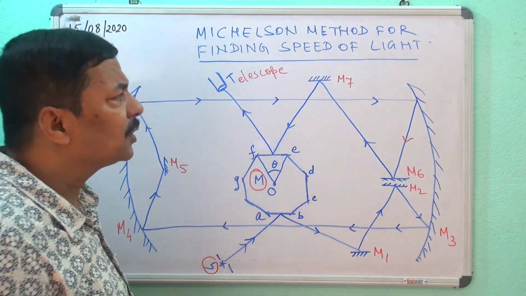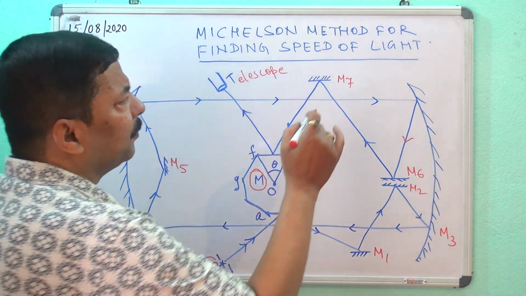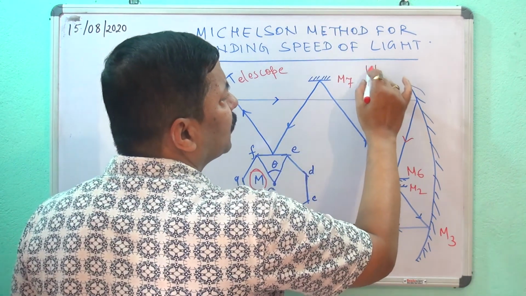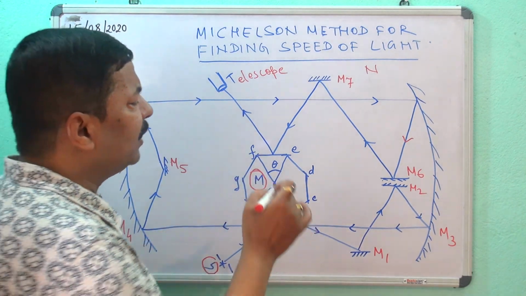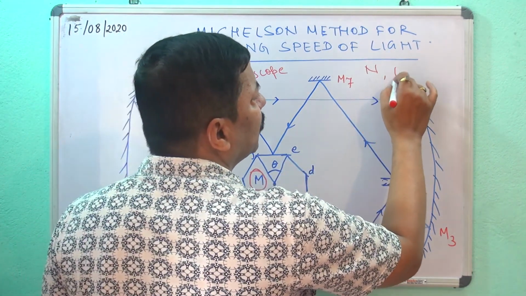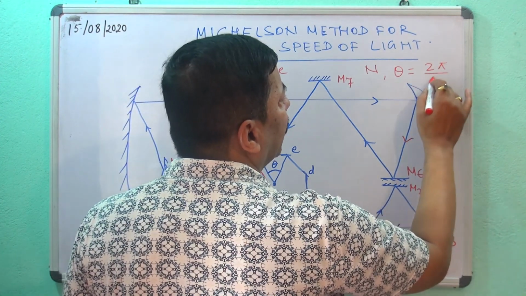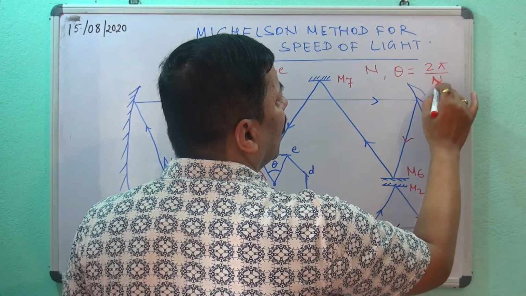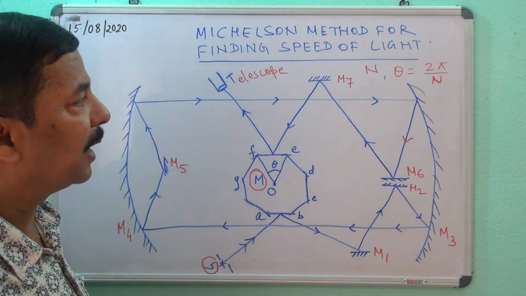Now in the process of calculation, if we consider n as the number of sides of the polygon mirror, then theta will become 2 pi by n.